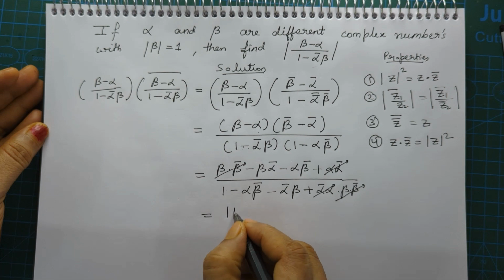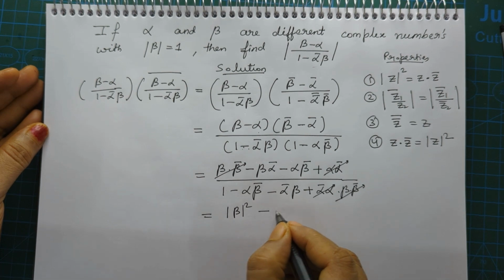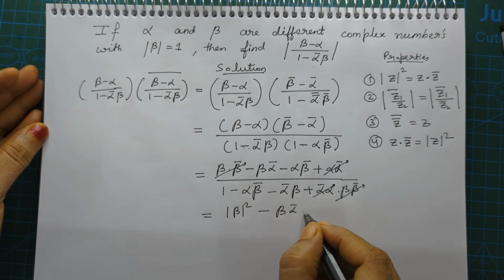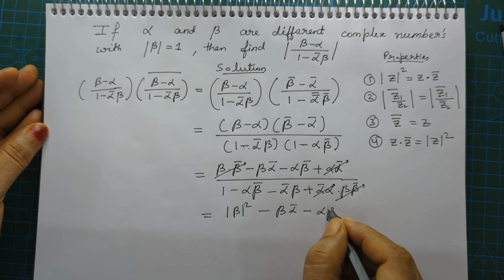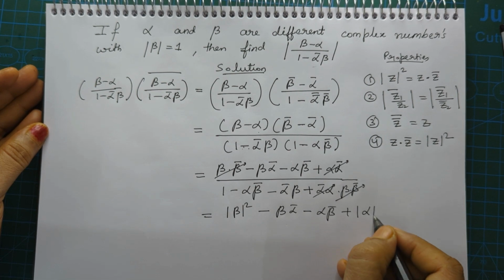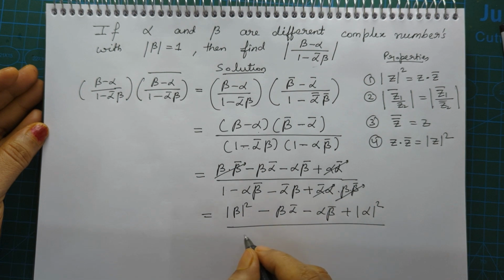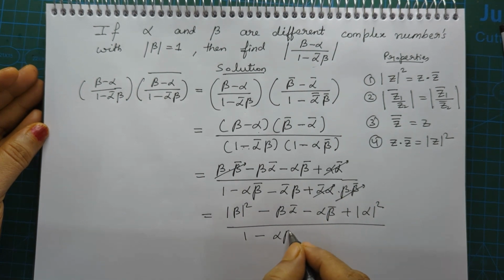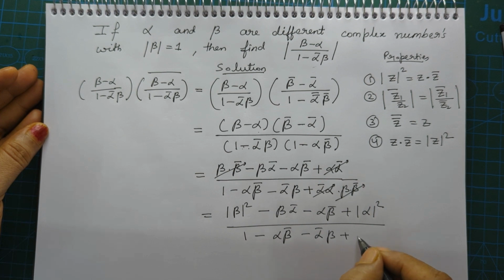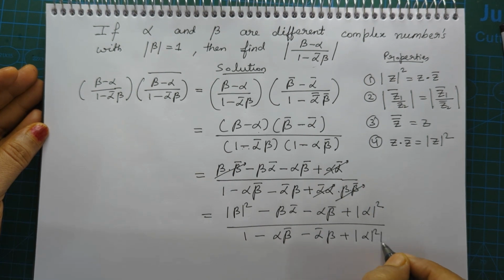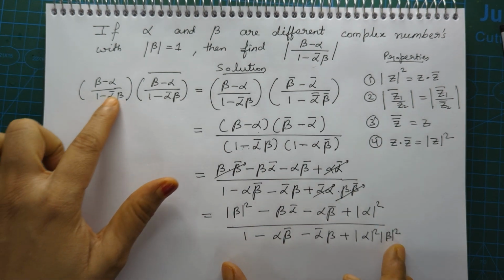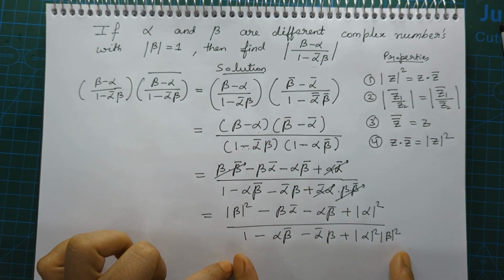So here we get mod beta square minus beta alpha conjugate minus alpha beta conjugate plus mod alpha square. Denominator: 1 minus alpha beta conjugate minus alpha conjugate beta plus mod alpha square mod beta square. So this is how we started from the left hand side and condensed up to this.